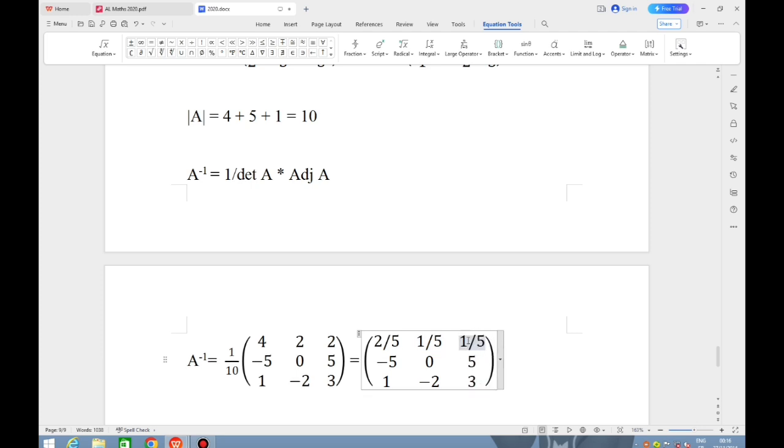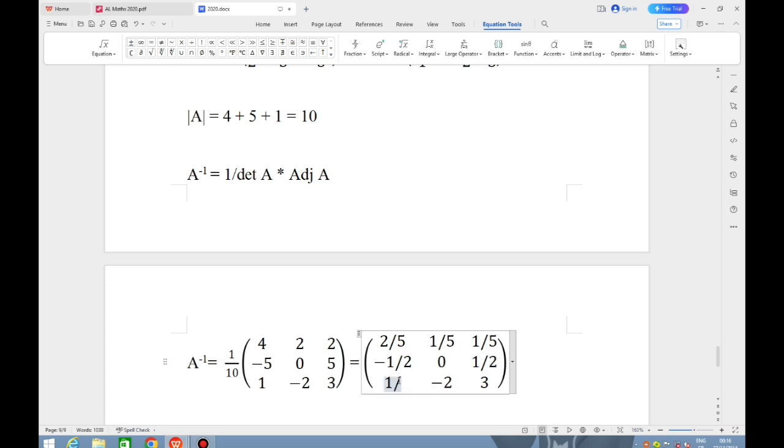Negative 5 times 1 on 10 is equal to negative 1 on 2. Here is 0. 5 times 1 on 10 is equal to 1 on 2. Here is equal to 1 on 10. Here is equal to minus 1 on 5. And here is equal to 3 on 10. So this is A inverse.